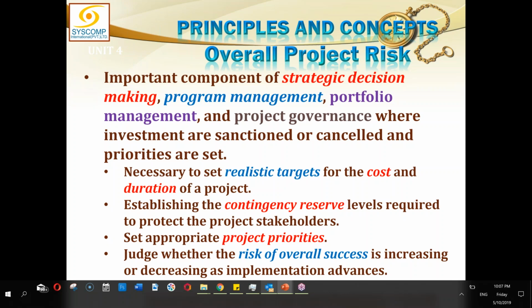Maybe, as I said, initially your project might have been very appropriate and very nice, but in the middle of it, it started becoming more risky, and it has gone down in prioritization. And a little later on, it has now been cancelled, just because of the strategic decision that we cannot afford this much risk. So overall project risk plays a very important role in getting us to this decision making.